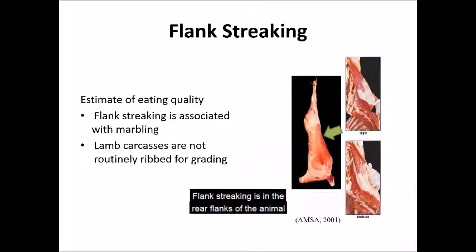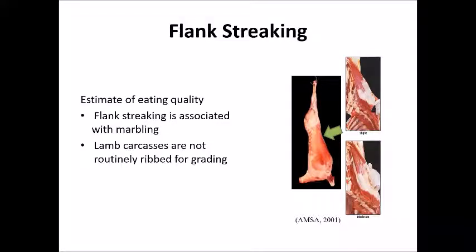Okay, flank streaking. Flank streaking is in the rear flanks of the animal inside the carcass. It's an estimate of eating quality, tenderness, juiciness, and flavor. It seems like kind of a random place to measure sheep, but there's some rationale for that. Flank streaking is associated with marbling.